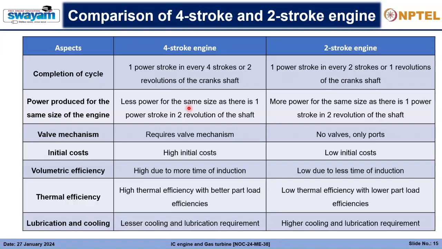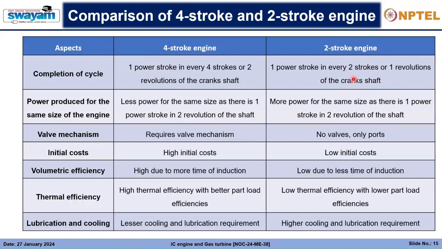Yes, I'm telling about that. Lubrication and cooling: lesser cooling and lubrication is required in the four-stroke. In two revolutions, you are having one power stroke, but in the two-stroke, in each revolution you are having one power stroke. In the power stroke, the combustion happens, it ignites, and heat is transferred to the cylinder walls. If combustion happens once in two revolutions, it transmits a lesser amount of heat to the cylinder walls.